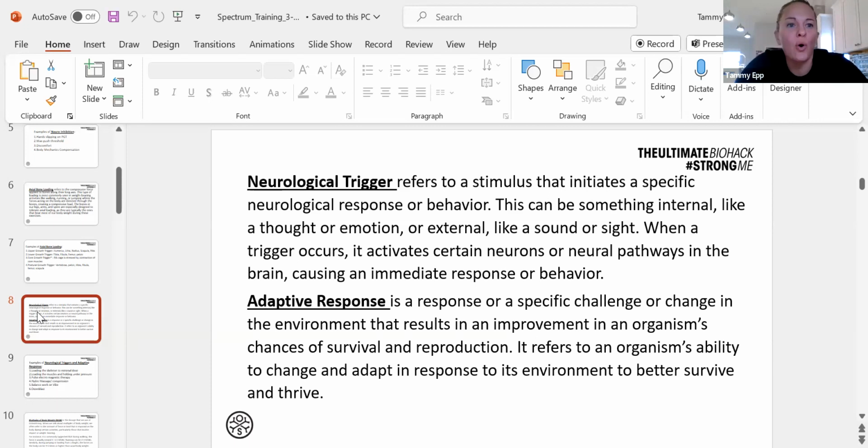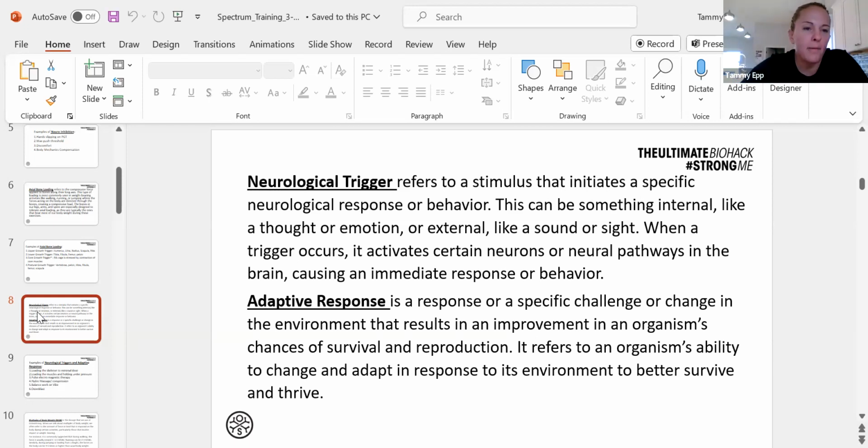So when we talk about a neurological trigger being inside of the center, it's pressure on the bones. Axial loading is the trigger that triggers the adaptive response, the response of osteogenesis. So thinking about other triggers in your life, they can be emotional, external.